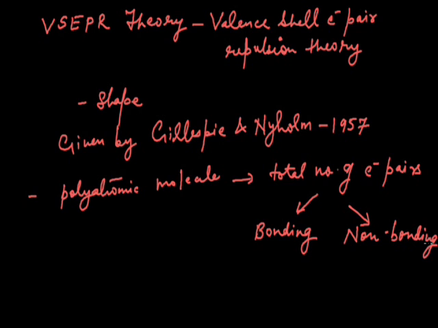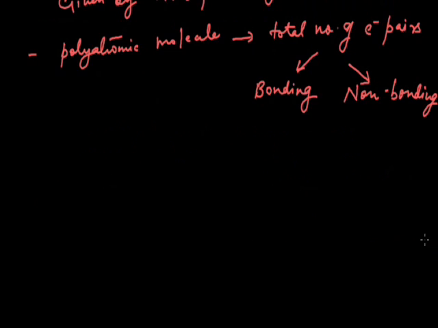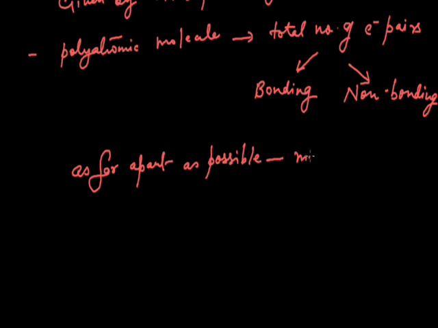The shape of the molecule is dependent upon the number of these bonding and non-bonding electron pairs. These electrons try to place themselves as far apart as possible from each other so as to have minimum repulsion among them, so as to gain maximum stability.